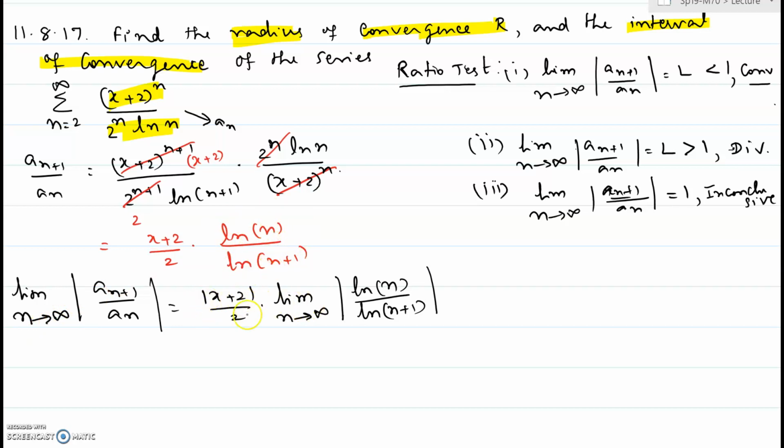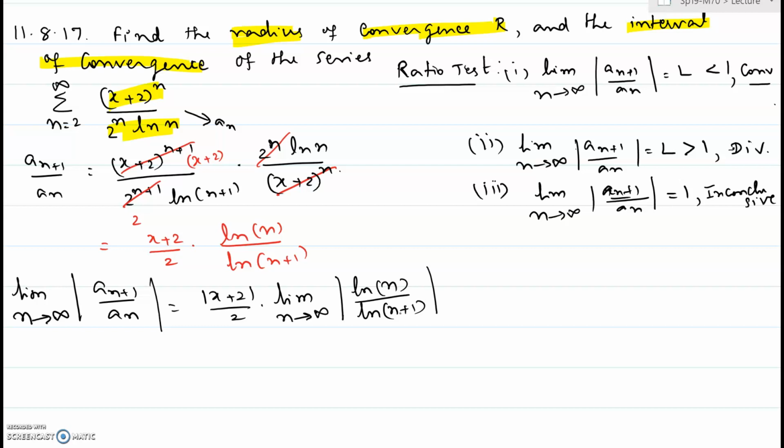So absolute x plus 2 over 2 can be taken out of the limit. So the limit is as n approaches infinity of absolute ln n over ln of n plus 1. If you directly plug in n, it becomes ln of infinity over ln of infinity, which is indeterminate. Therefore, we have to apply L'Hopital's rule for the related function.